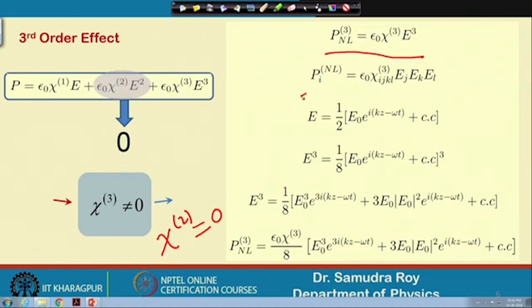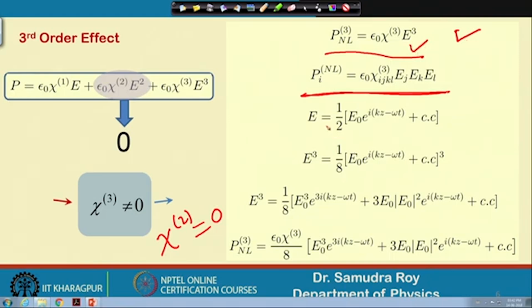This is the standard component form we use in many cases. If we start with this scalar expression, then we can find out the value of P nl and how different kinds of frequencies can mix because of this E cube term.